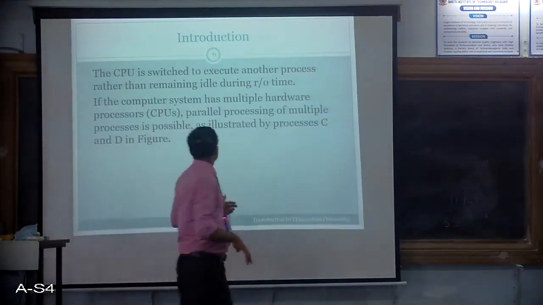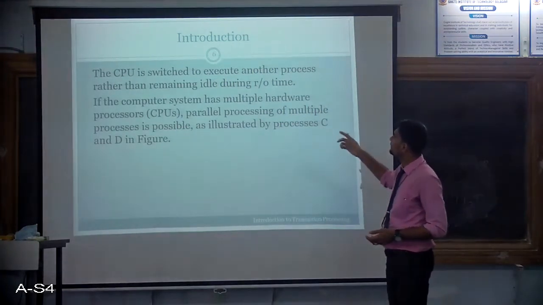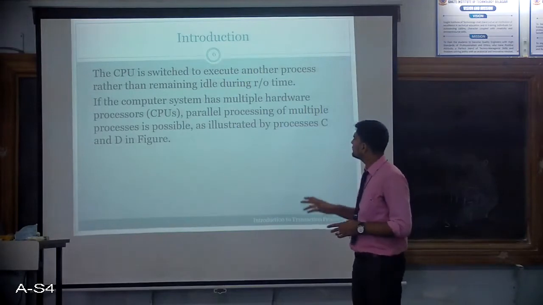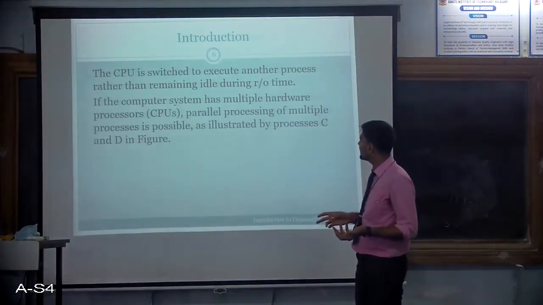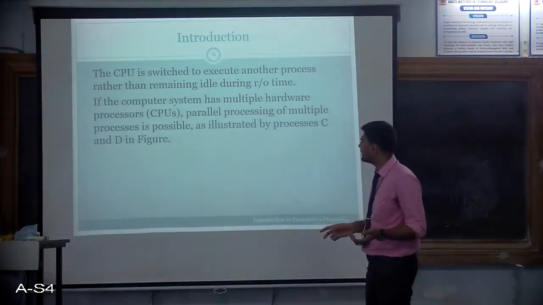Here the CPU switches to execute another process rather than remaining idle while reading some block of data from the disk. If a computer system has multiple hardware processors, parallel processing of multiple processes is possible, as illustrated by processes C and D in the figure.